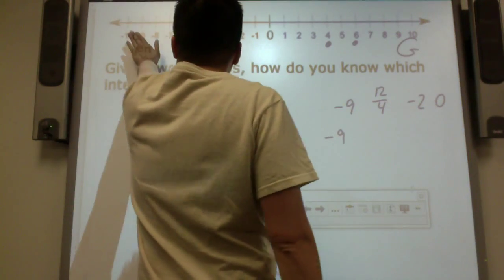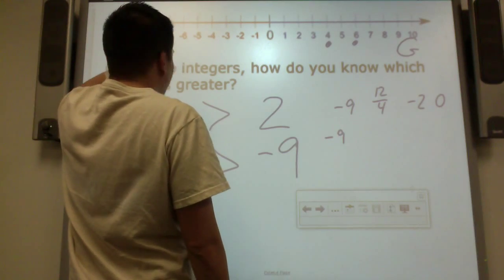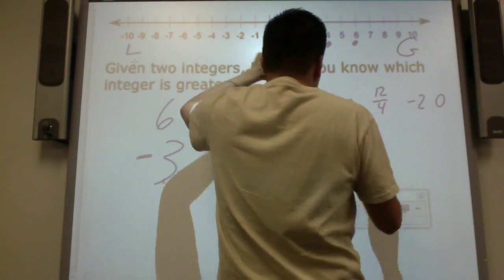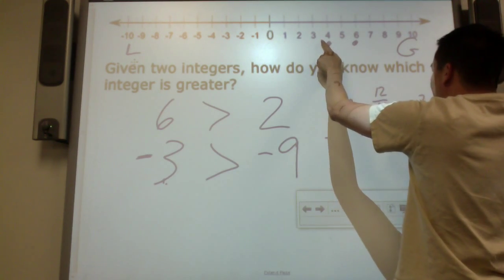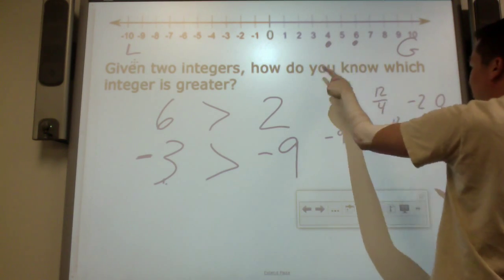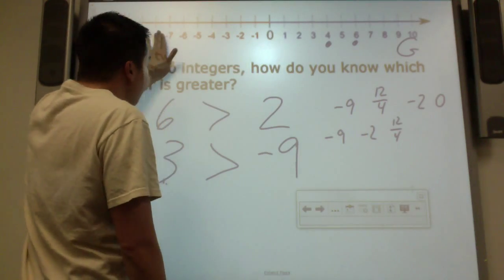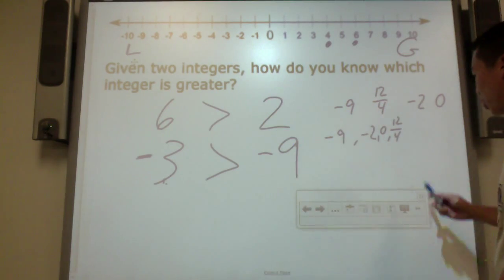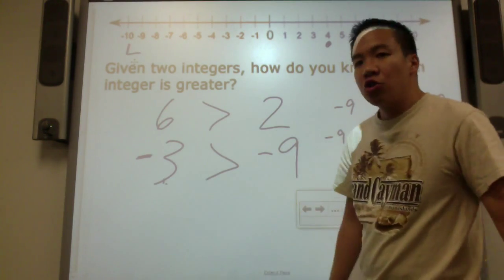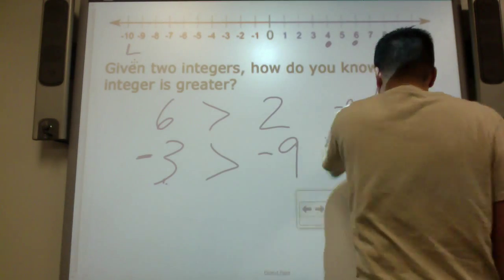It's negative, to the far left. And then the next one will be -2. 12 divided by 4 is 3. And then, wait, did I skip one? Oh, sorry, let's do it again. -9, -2, you have 0, and then 12 divided by 4, which is 3. So use your number line to go from least to greatest.